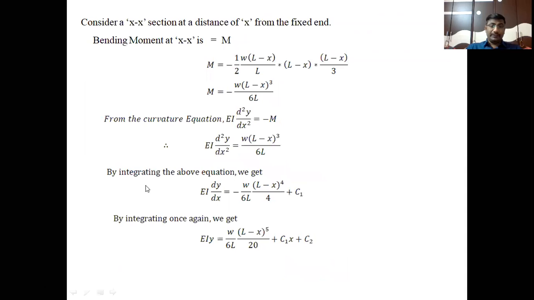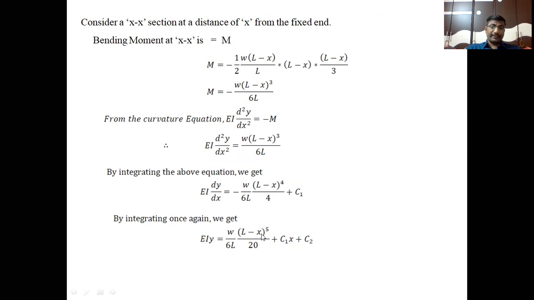We have EIy equal to W by 6L into (L minus x) to the power 5 by 20 plus C1x plus C2. So from this deflection equation, if you substitute x equal to 0, then y is equal to 0, deflection 0. So the left hand side becomes 0.